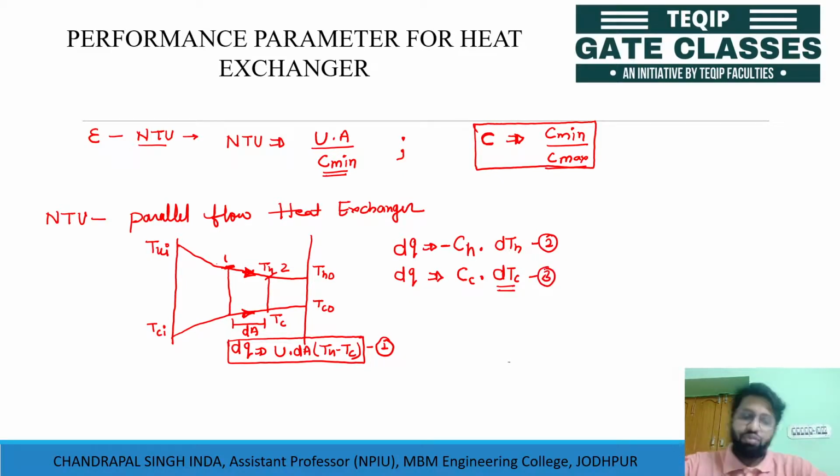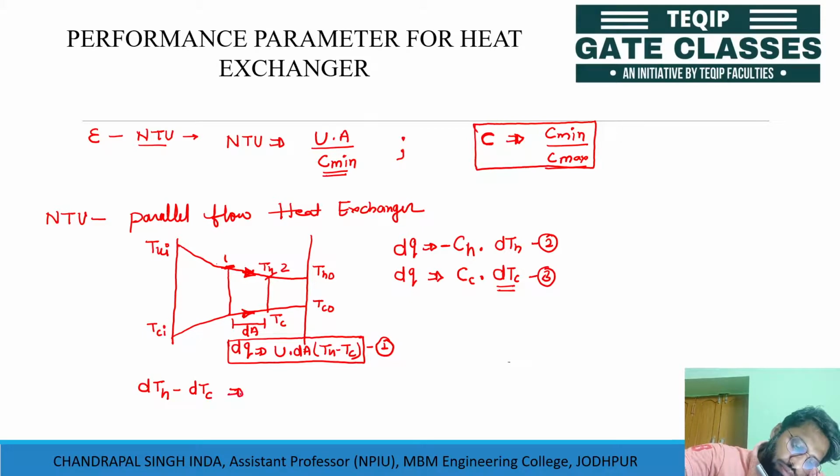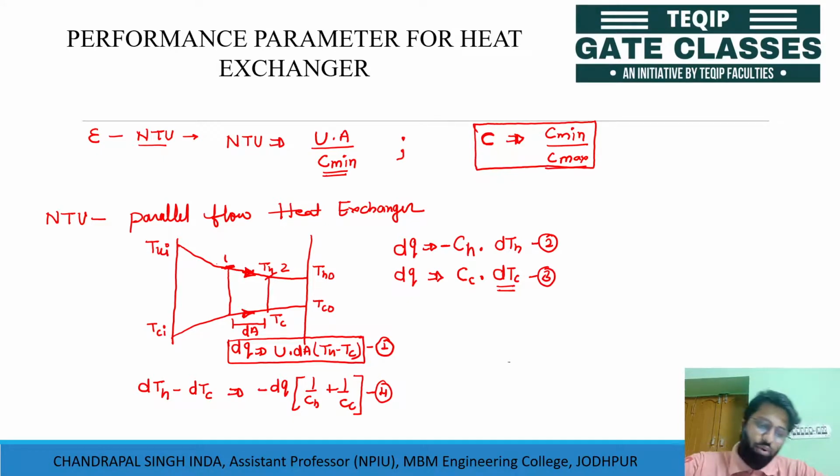By solving equation numbers 2 and 3, delta Th minus delta Tc will be equal to minus delta Q (1 by Ch plus 1 by Cc), and we will have this as equation number 4.